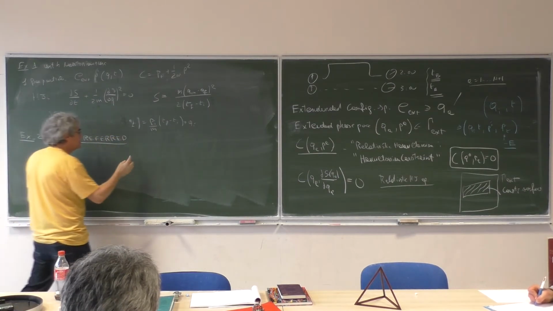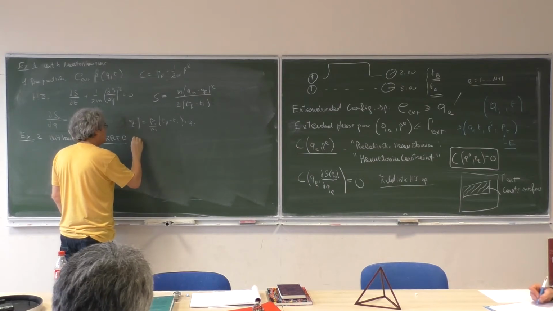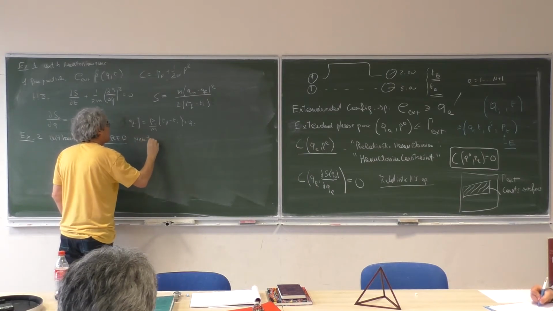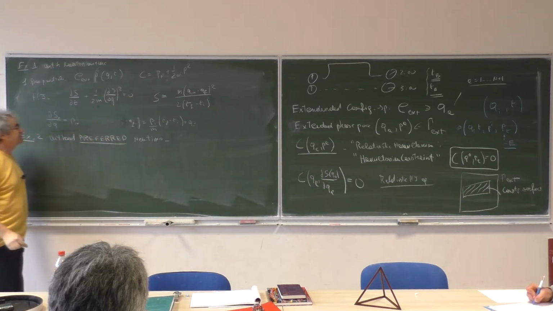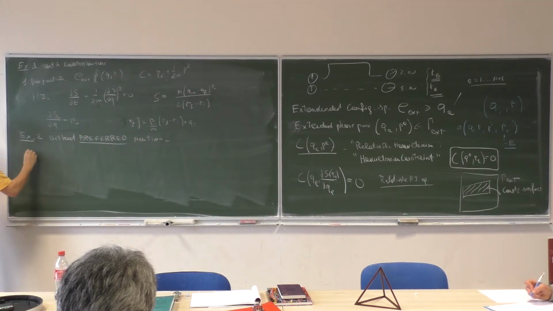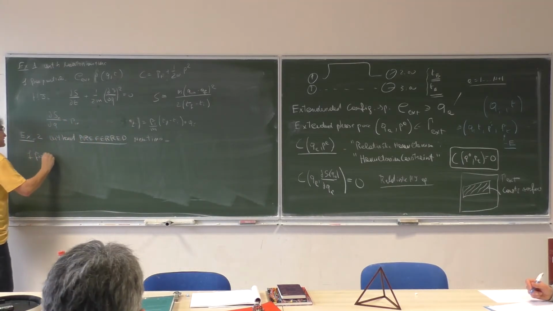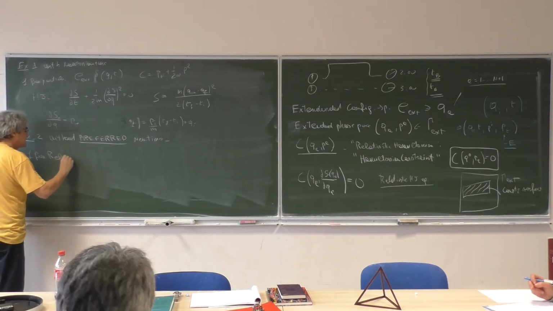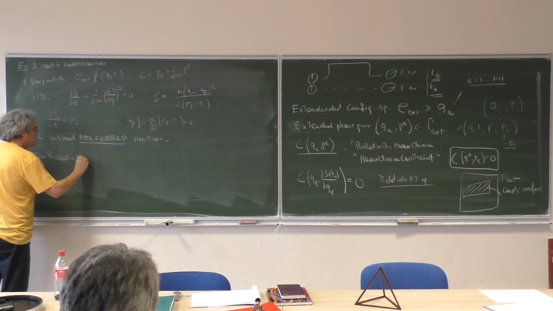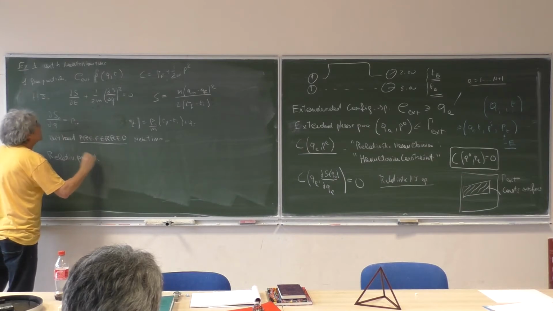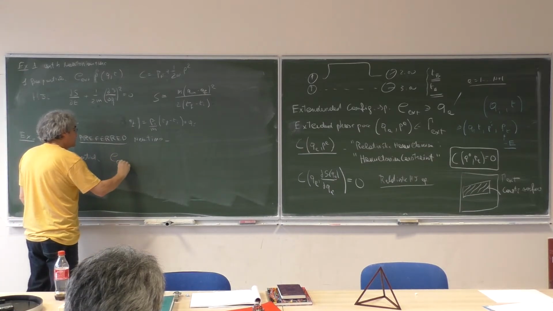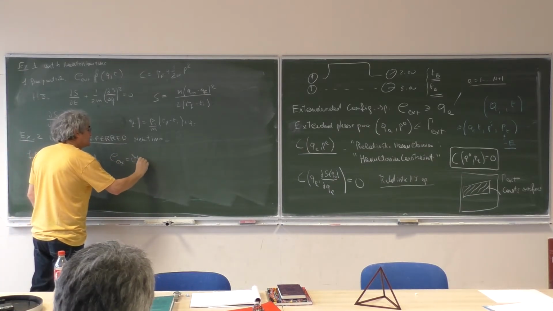Example 3 will have no Newtonian time at all. Preferred Newtonian time. This is also something you know very well. So, one free relativistic particle, a special relativistic particle. Then the extended configuration space is Minkowski space.